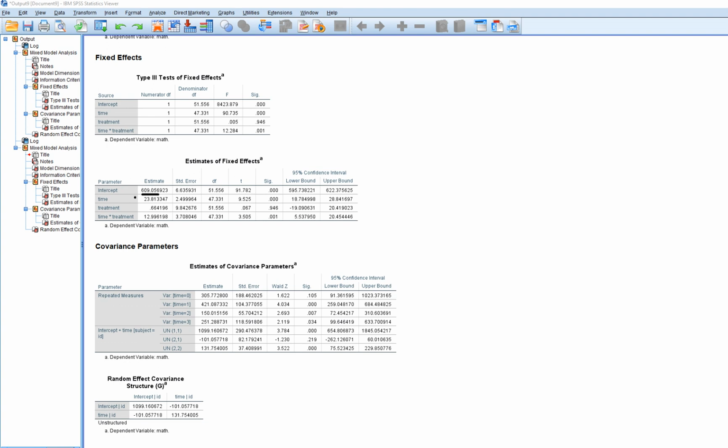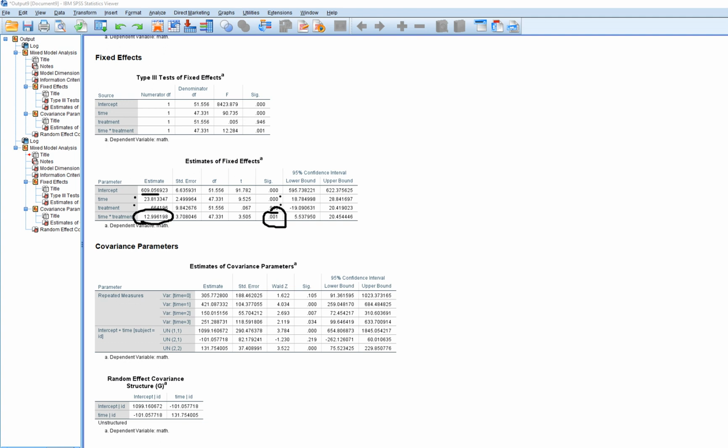We look at the effect of time across students, and we see still a significant positive predictive relationship between time and math scores. When it comes to looking at the difference between the treatment and control condition at the initial status, you can see it's not statistically significant. But probably most importantly for our analysis, we find that there is a significant interaction effect.